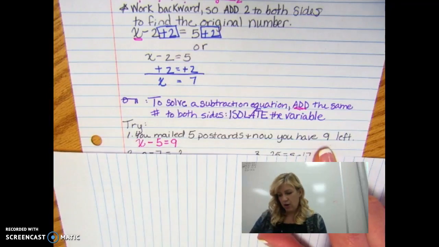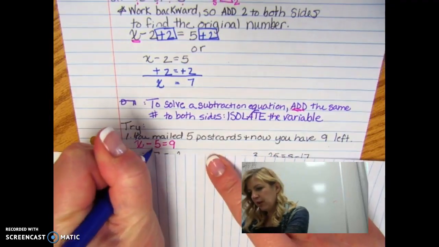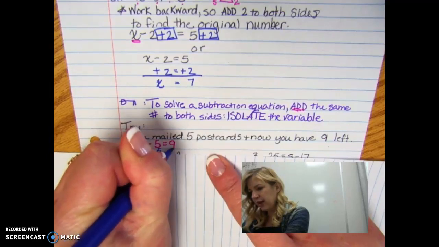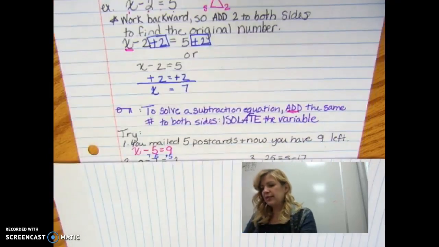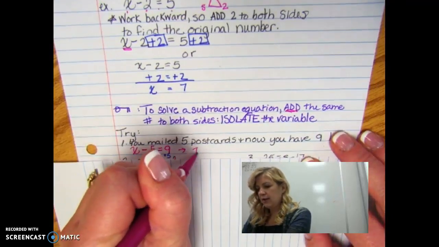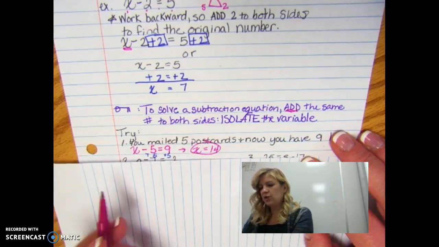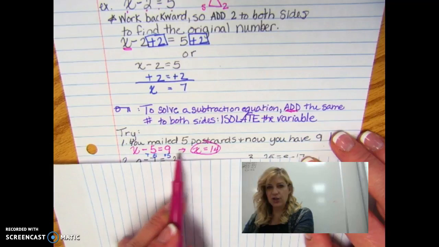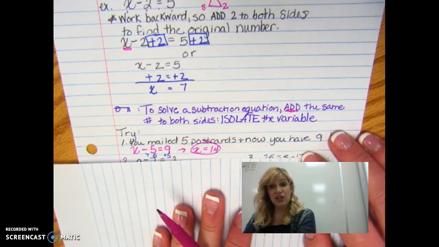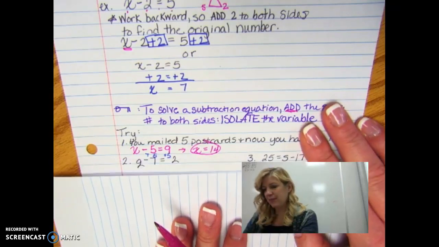So I'm going to take a little blue pen and add 5, x is going to equal 9 plus 5, which is 14. So you need to be able to write the equation and then solve it, not just know in your head that it is 14.